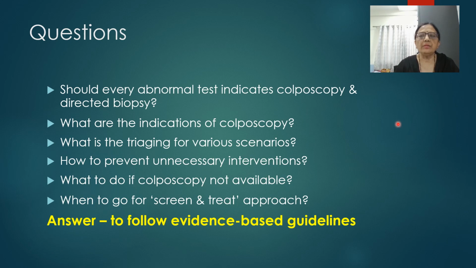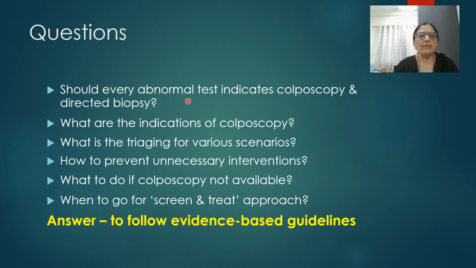Now whenever we get an abnormal report after doing any of these four screening tests, that is the primary HPV test, secondly co-test, third cervical cytology, and the last VIA, whichever we do as per the resources available, and the report comes abnormal, then there are so many questions which come to our mind.